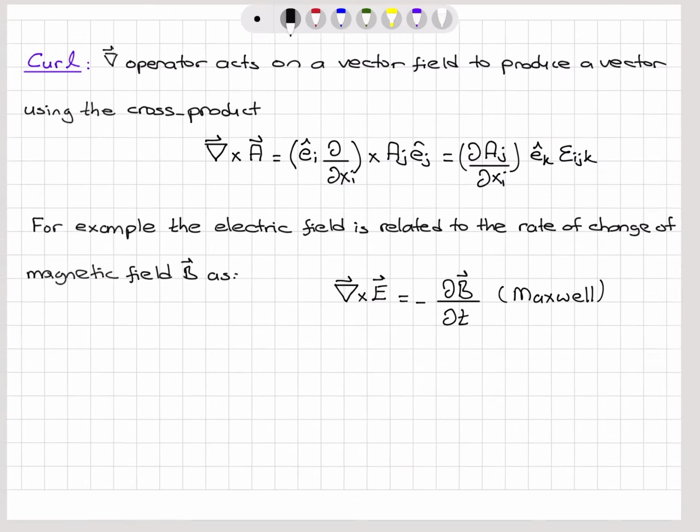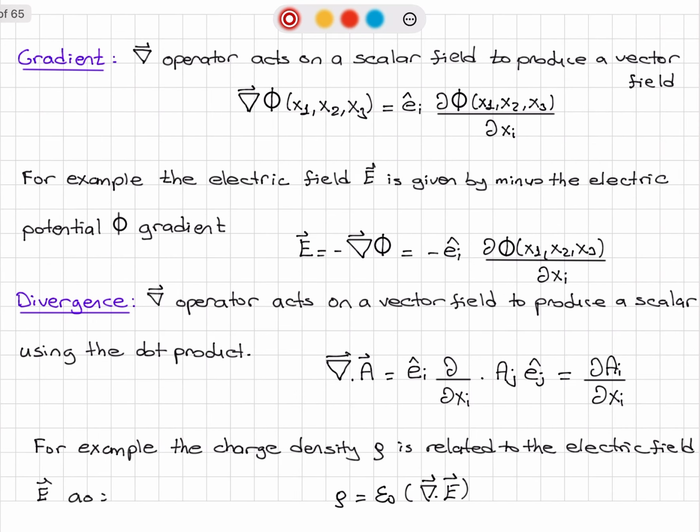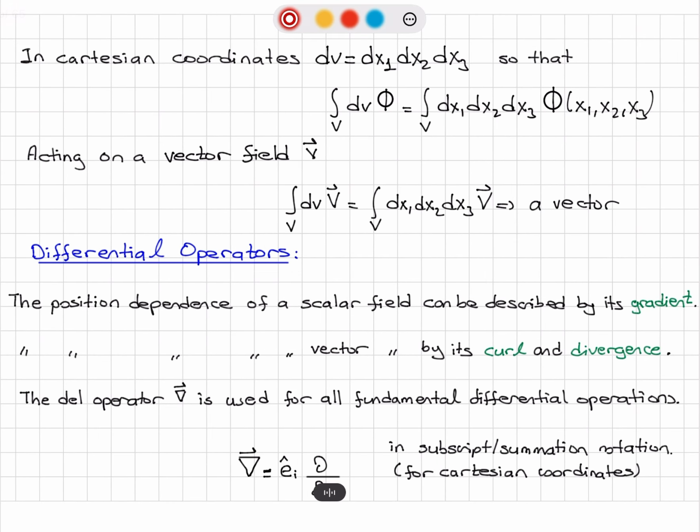Okay, so we've talked about differential operators. The del operator, without anything else here, makes a gradient operator. If we apply it using the dot product, it is divergence. If we apply it using the cross product, it becomes curl.